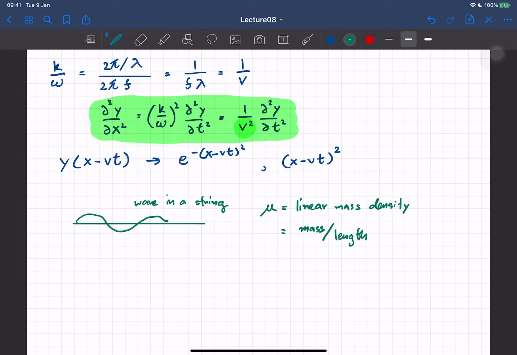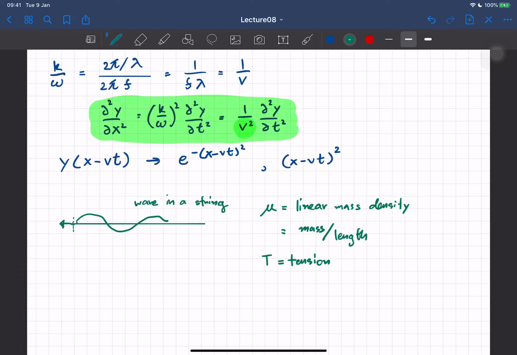The other thing it depends on is the tension. Unfortunately we used big T for period earlier, so try not to be confused, because in this case T is tension. Tension is how much force you're applying to the string, how tight the string is.